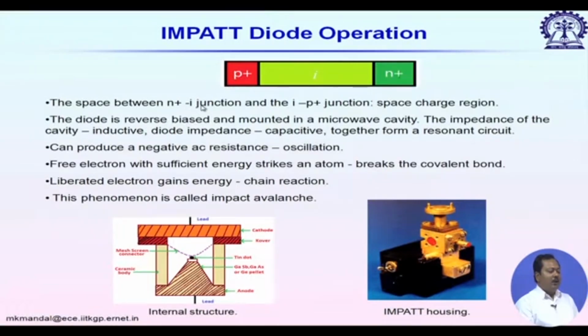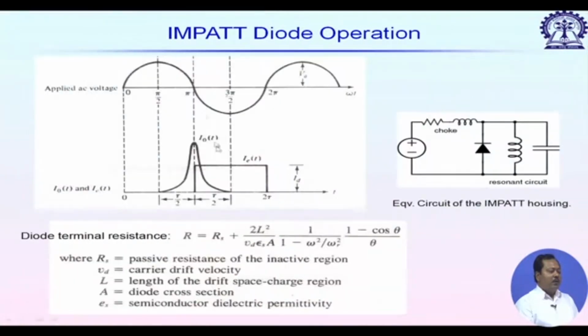So, if I look at the external current component, it would be exactly in opposite phase, and usually the length of the I region is made so that it provides another pi by 2 phase shift, so the current generated due to this avalanche breakdown is exactly in opposite phase to the applied RF signal.